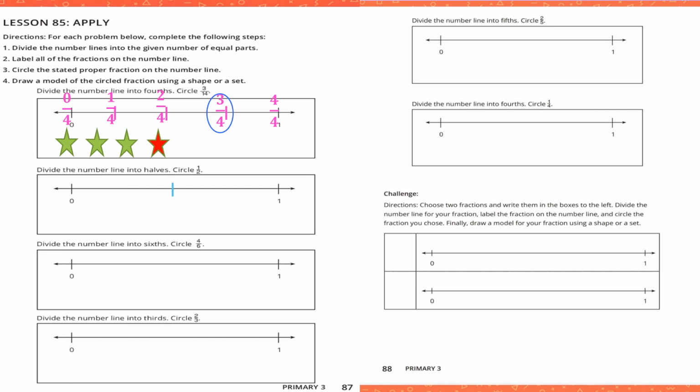Yes, 1 dash, to make 2 equal parts. Let's label each dash by its fraction: 0 over 2, 1 over 2, 2 over 2. Circle 1 over 2.